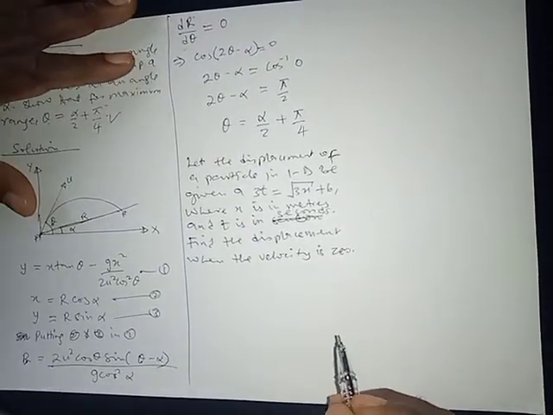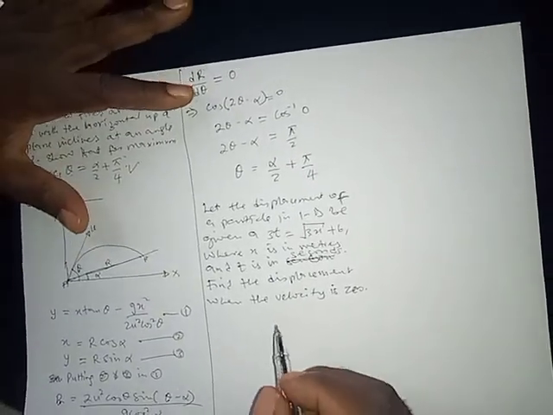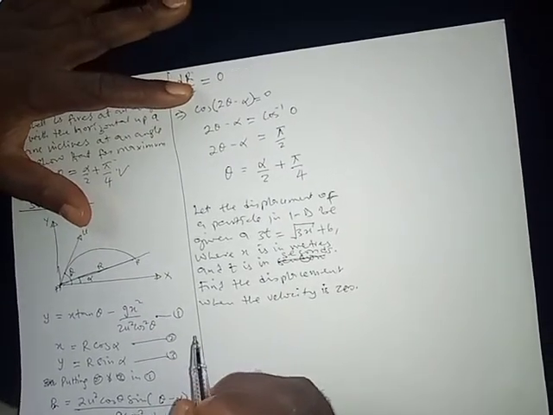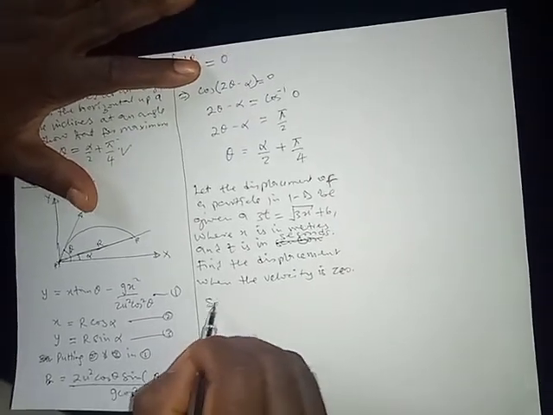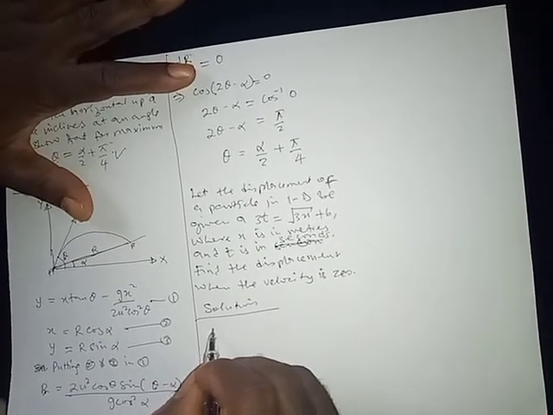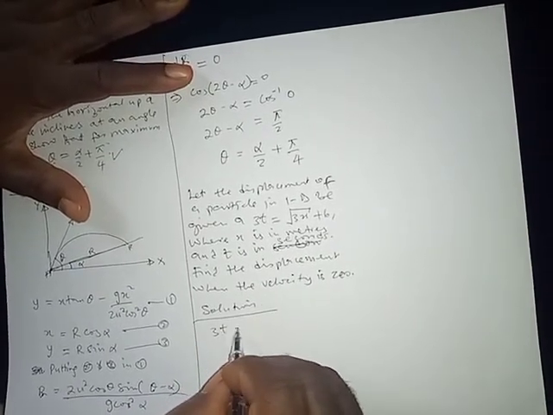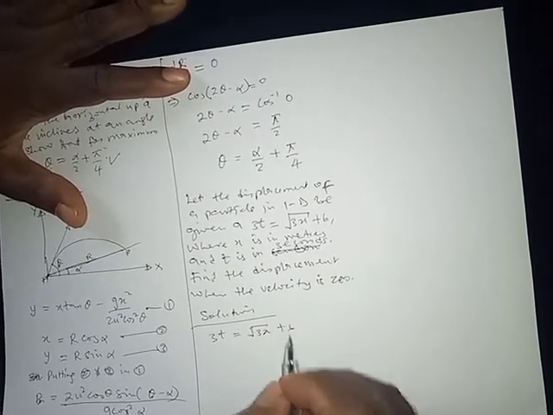Okay, so how do we do this? We are given the displacement relation, or the function that defines the displacement, as 3t equals square root of 3x plus 6.